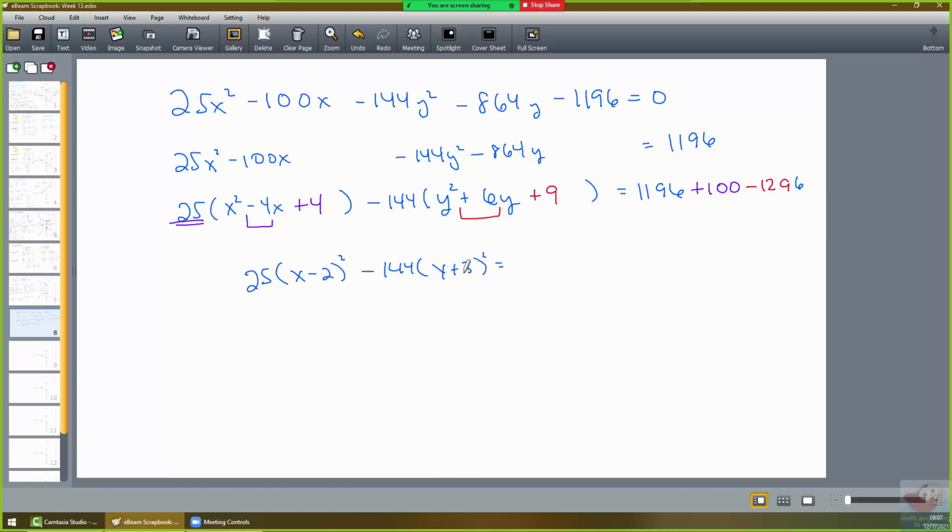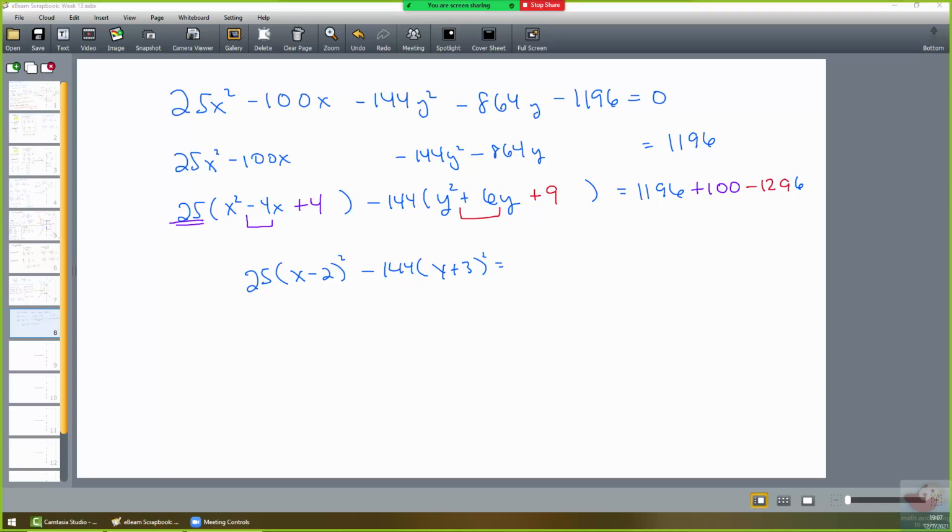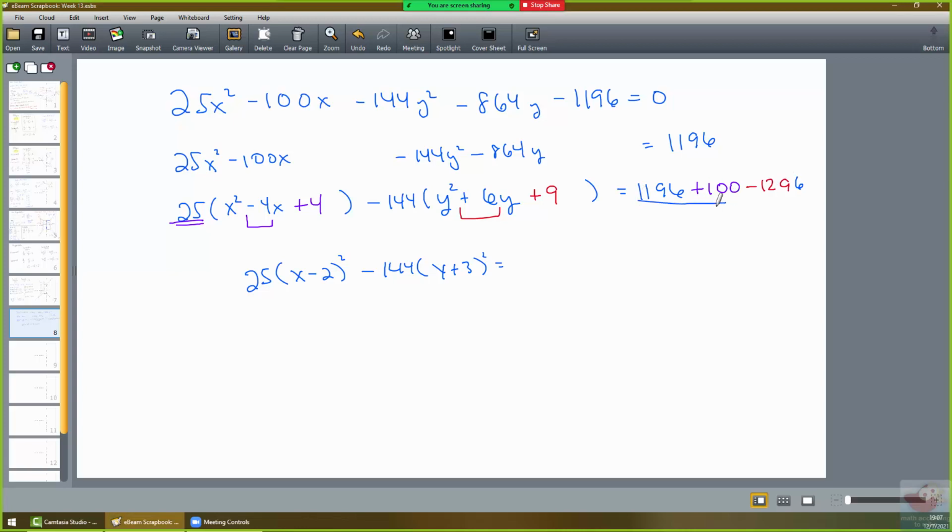I forgot my squared here, everyone. And I'll tell you what should have happened, and it totally didn't happen. I'm so sorry. On the other side, there should have been a number here. This unfortunately equals 0. I should have made it work out so that it equals 3,600, and I'll tell you where the 3,600 came from.